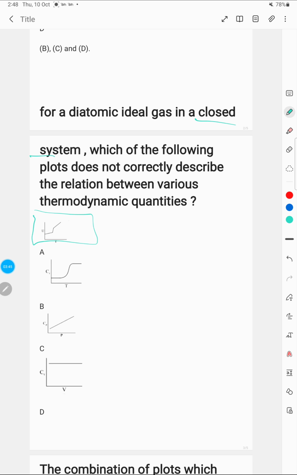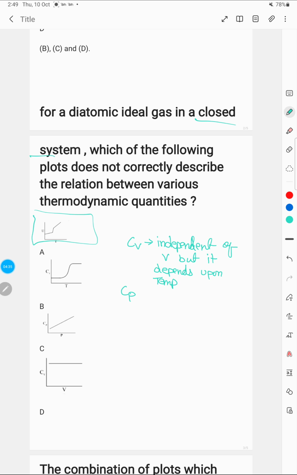So what we know directly, whenever we talk about CV or CP, is that CV is independent of volume, because the value of heat capacity at constant volume is independent of V, but it depends upon temperature.